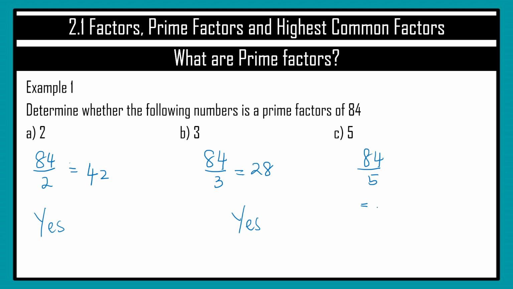Your answer should be 16.8. 16.8 is a decimal number, so it is not a prime factor of 84. It is exactly the same method as we used to determine the factors in the previous lesson.